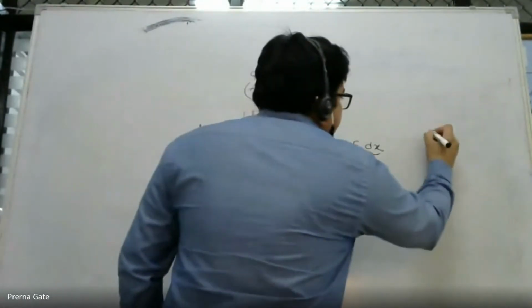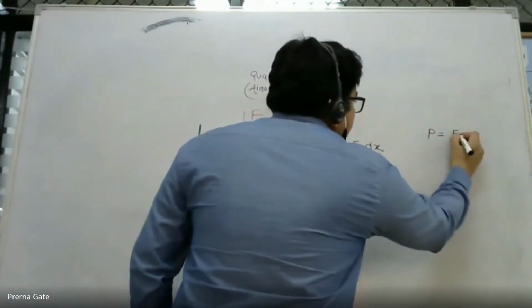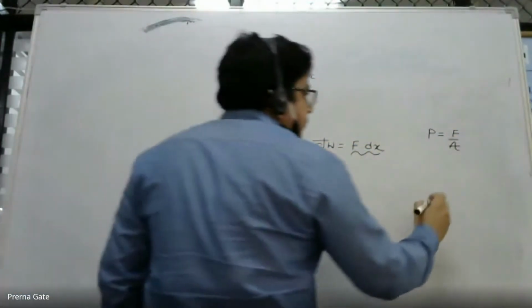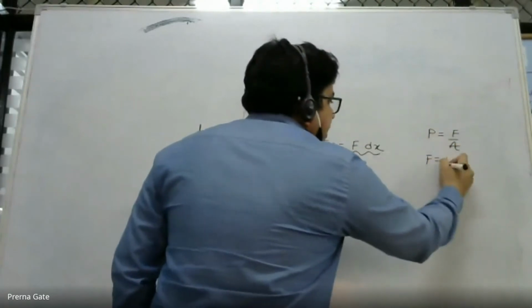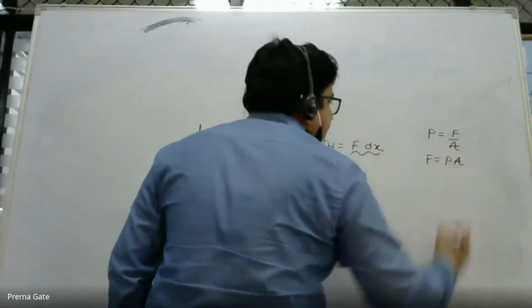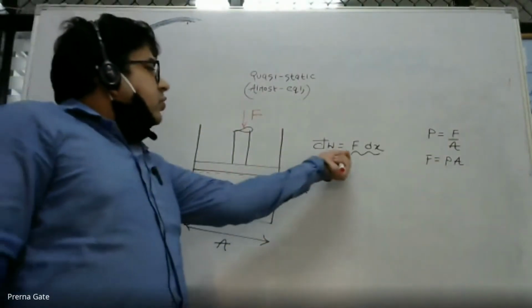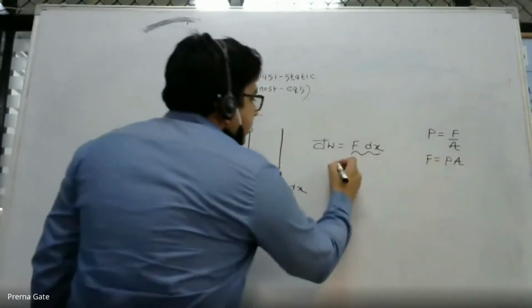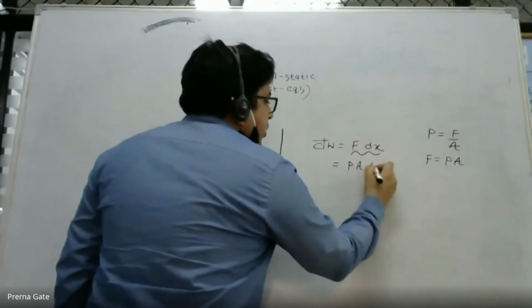So we know that pressure is force per unit area. Okay, and the force can be written as pressure times area. Okay, so instead of this force, I will write pressure times area. So the equation will become pressure times area into dx.